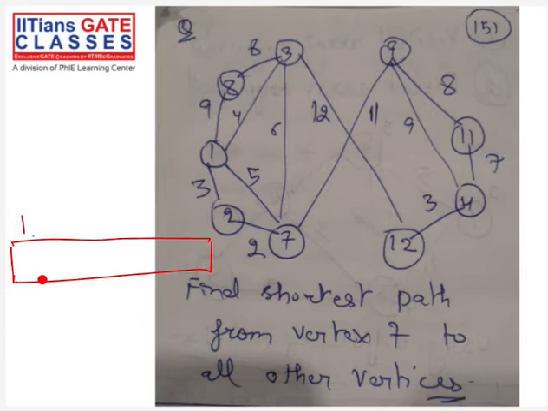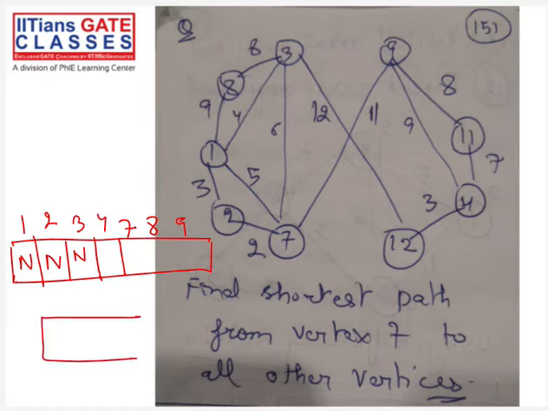So parent: I have node one, null parent, node two, null parent, then I have three, and then 4, 7, 8, 9, 10, 11, 12. These are my total nodes that I have. I'll just draw the parent graph over here.